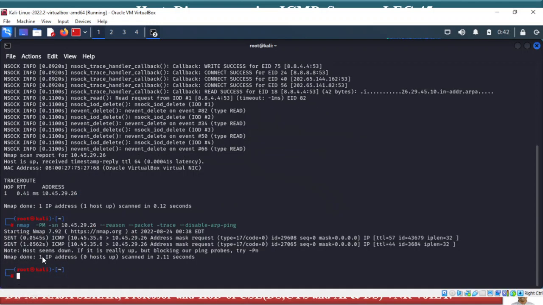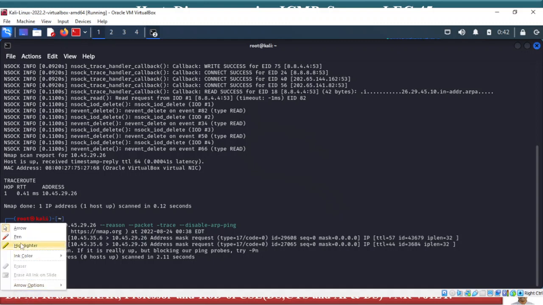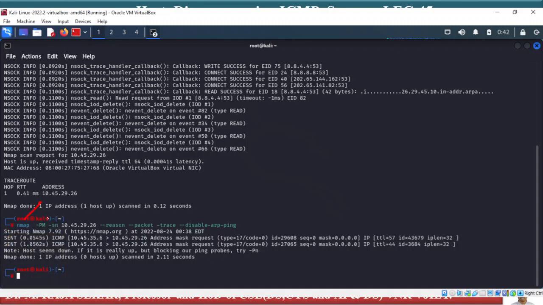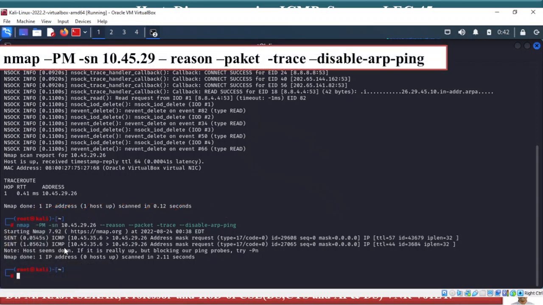How can I check for the -PM option? It is simple and straightforward. Just see nmap -PM -sn 10.45.29.26 target IP address --reason --packet-trace --disable-arp-ping. This is the command, isn't it?